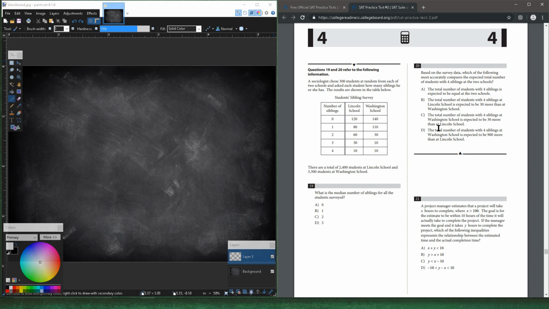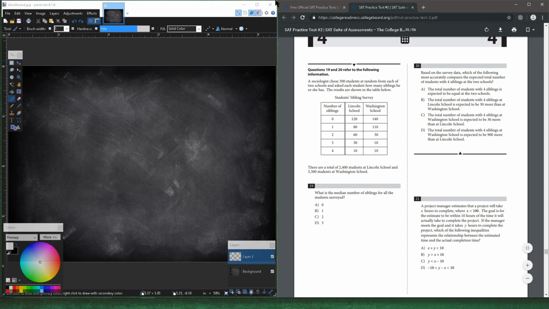The total amount of students with 4 siblings at Washington is expected to be 30 more than the students at... Oh, okay. It says the total amount because these things are working with proportions. So that's 10 out of 300, right?